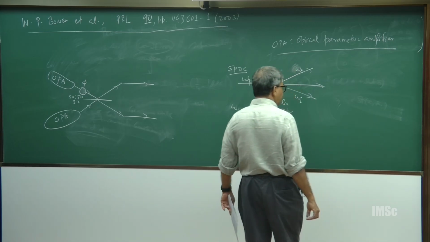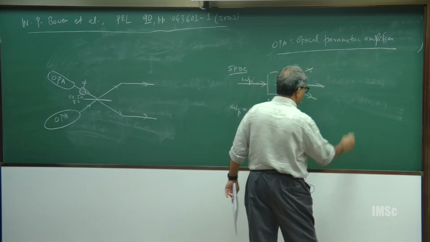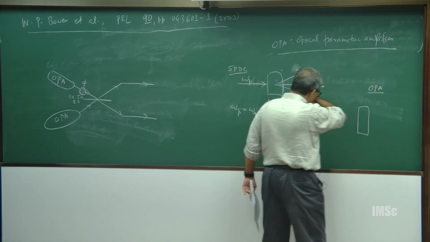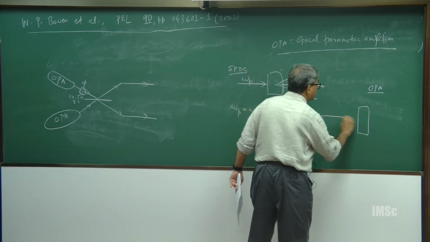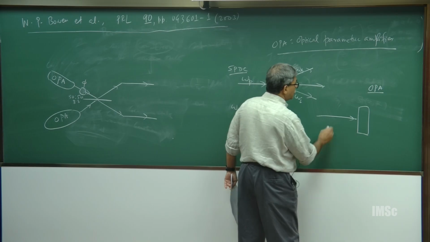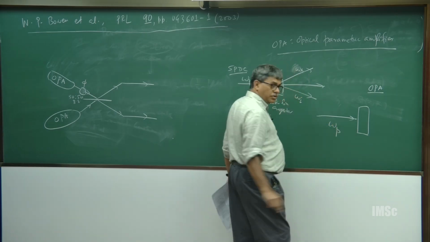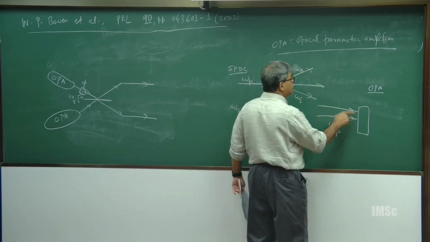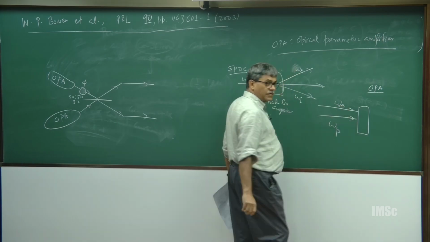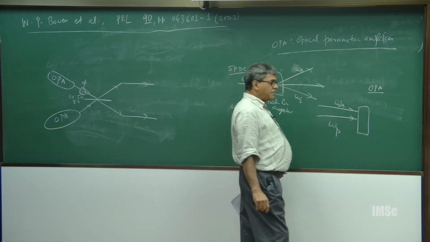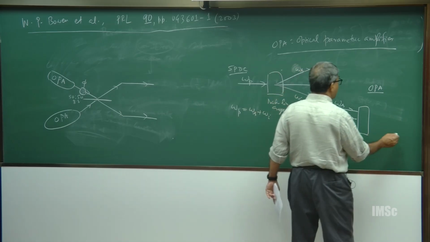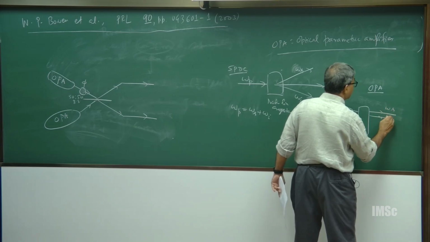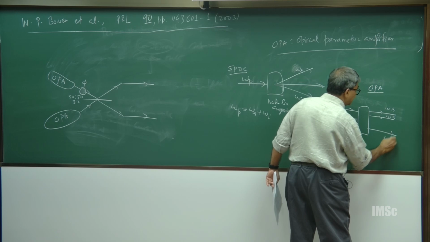In the case of OPA, you again have a nonlinear crystal. You have this pump, let us say with frequency omega p, and then you have a signal also. This can be a single photon, with frequency omega s. Then what happens is that now you have two signals, each with omega s, and also some idler.